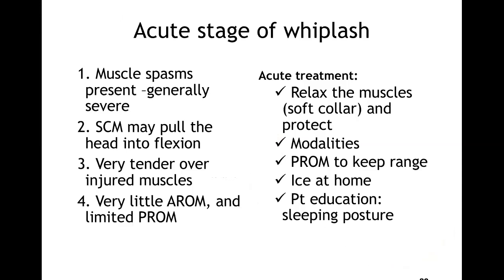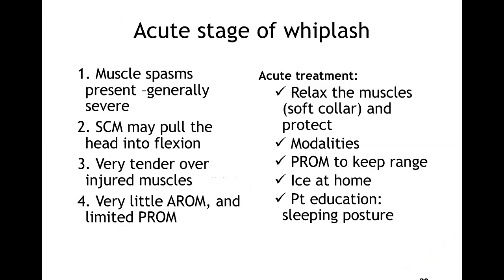During the acute stage of whiplash, we want to decrease those muscle spasms. They're generally very severe. The sternocleidomastoid may pull the head into flexion. There may be a lot of tenderness over those injured muscles. There's very little active range of motion and limited passive range of motion. So what do we do with this clinical picture that the patient presents with?